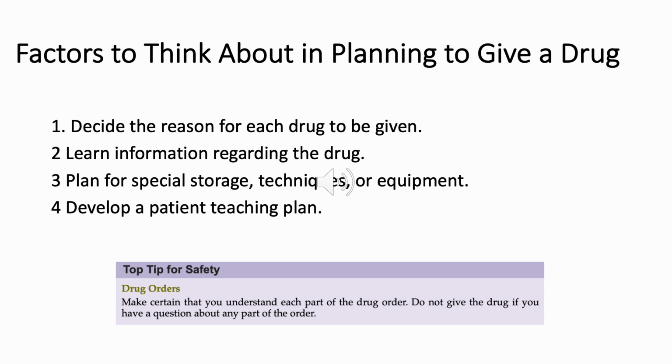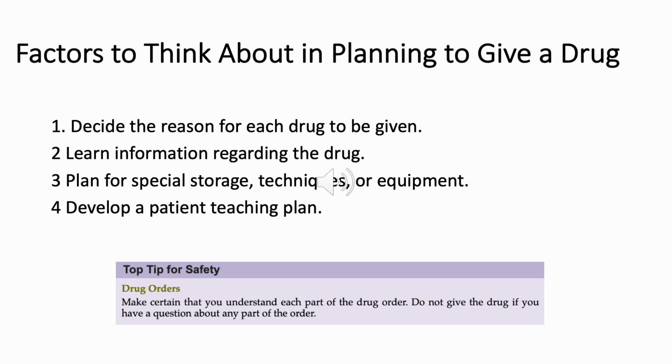Number 4, developing a teaching plan for the patient, including what the patient needs to know about the drug's action and side effects, what the patient needs to know to take the drug correctly, what the patient needs to report to the nurse or physician if there are any problems.